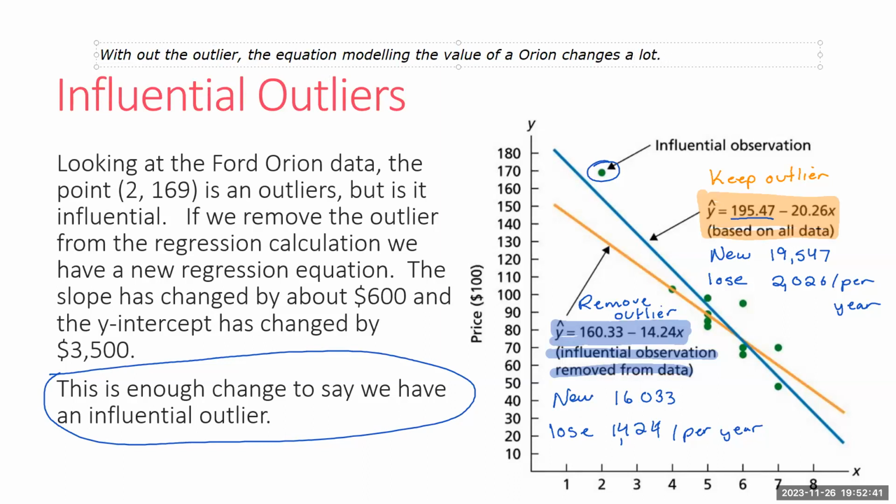So because we have a lot of change, we say the outlier is influential.